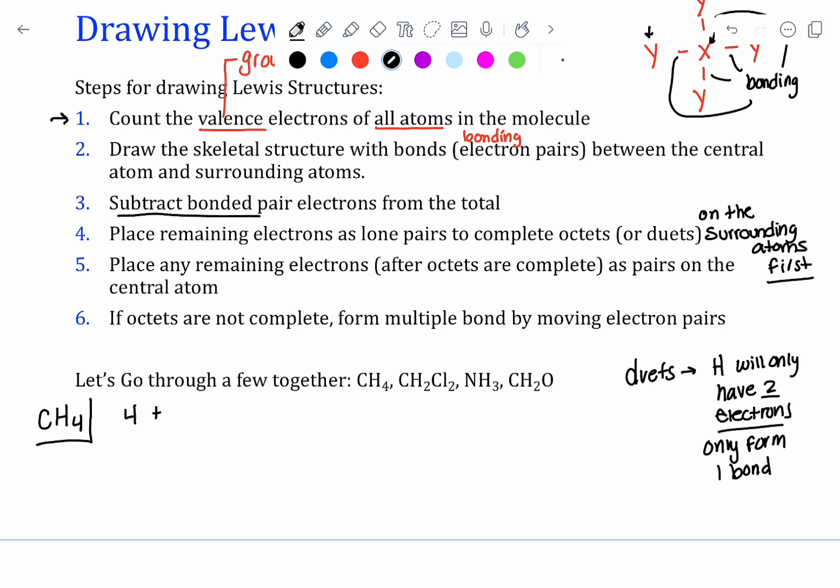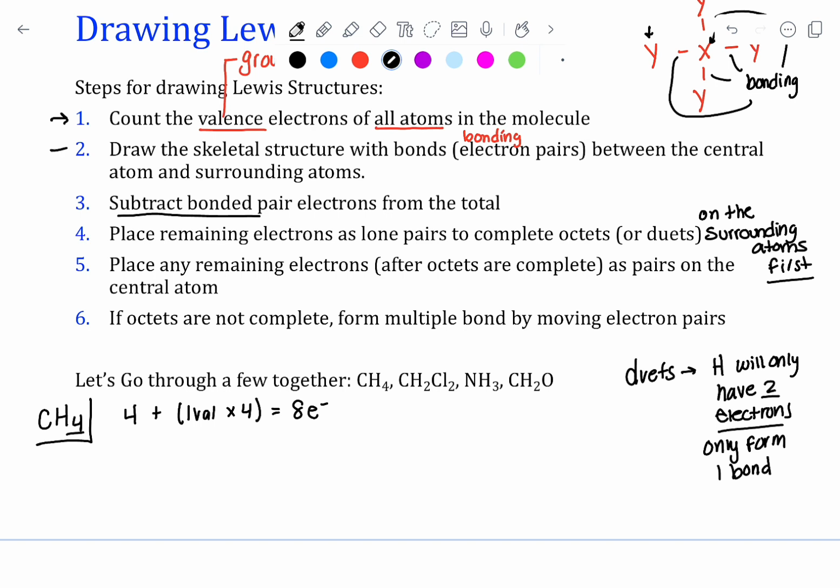Hydrogen has 1 valence electron, but there's 4 of them. So we take the 1 valence electron and we multiply it by 4, because there's 4 of them. So in total, CH4 has 8 electrons that it is going to share amongst the structure. So we completed step 1.